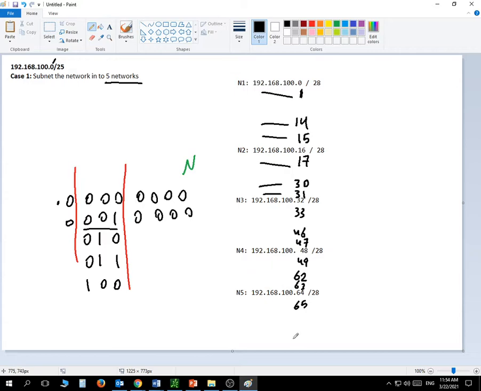Now, for the broadcast of this IP address, I just need to go back to the binary representation here. We said the broadcast basically is going to be the same as the available IP address, you just have to flip all these zeros that I have here to 1, and if that's the case, I got here 16 plus 64. So if you put that together, my brain is frozen, I can't think clearly. 64 plus 16, that's 80.